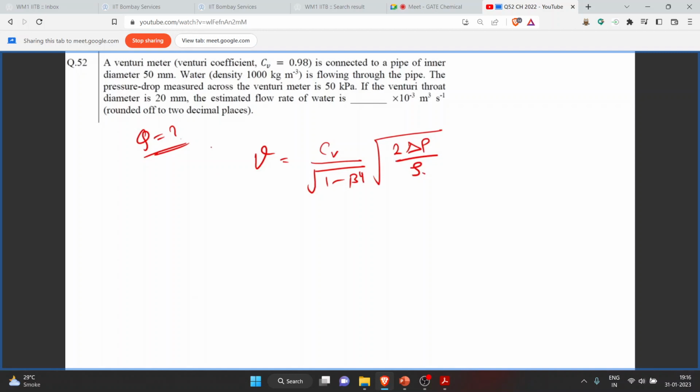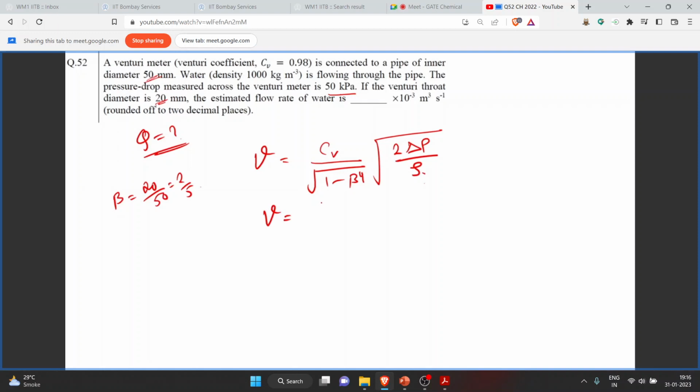Over here, we have been given that the venturimeter is connected to a pipe of inner diameter 50 mm and the venturi throat diameter is 20 mm. So beta is 20 upon 50, that is 2 upon 5. And the pressure drop is given as 50 kilopascal and the density is 1000 kg per meter cube. So we will replace all those values in this venturi equation.